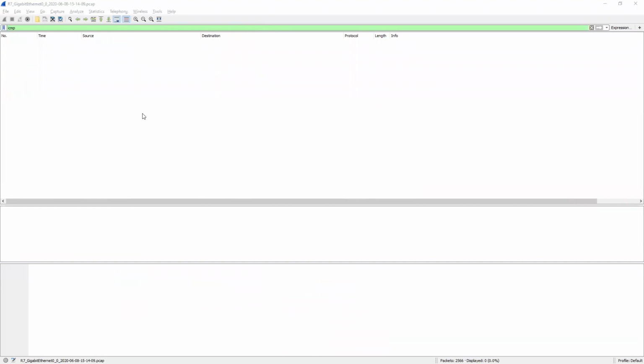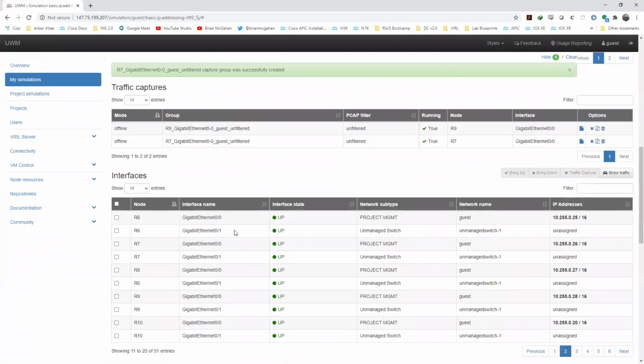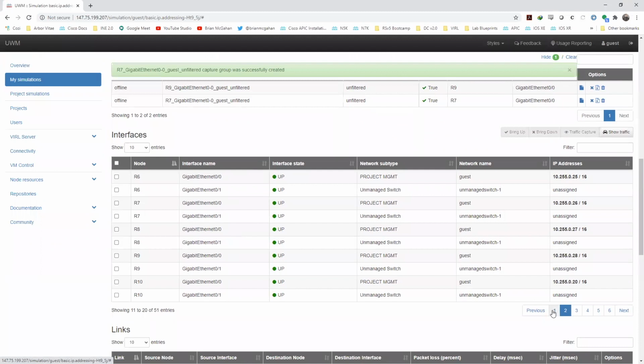Let's go to router 2, who is the rendezvous point, and capture on router 2. Oh, and you know what? Actually, I was capturing on the wrong interface.